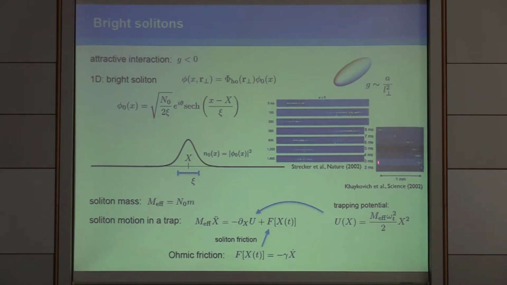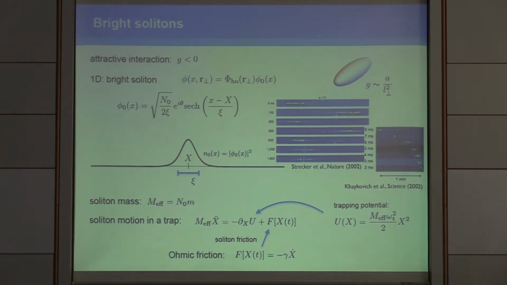And if we describe this through an equation of motion, the force on this heavy particle is described by a restoring force provided, for example, by a trap, which would be a linear force that acts toward the trap center. And possibly, if this soliton motion is damped as a function of time, there can be a friction force. The typical way we think about friction is this ohmic type of friction, like a damped harmonic oscillator, where the friction is proportional to the velocity of the soliton.